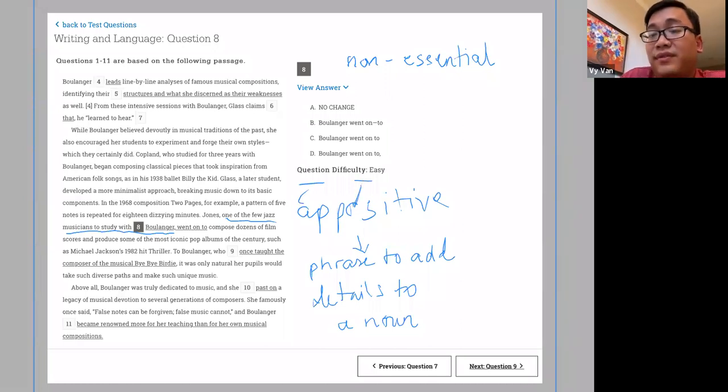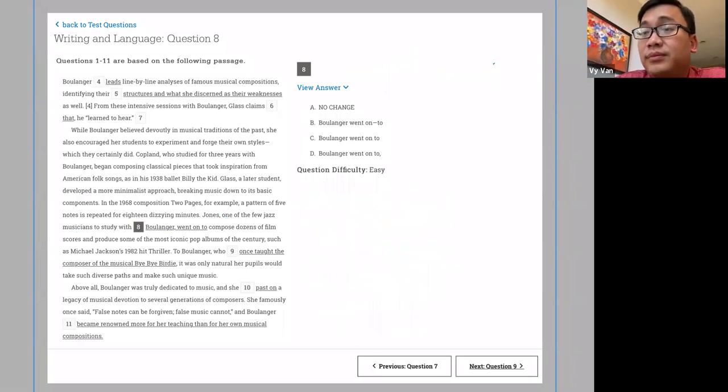Any of those is fine. But the rule is you either have 2 commas or you have no commas. No commas means it's essential. You need to keep it there. So here, I'm very sure the answer has to be A because it has 1 comma here. It has to end with a comma. The answer is A.